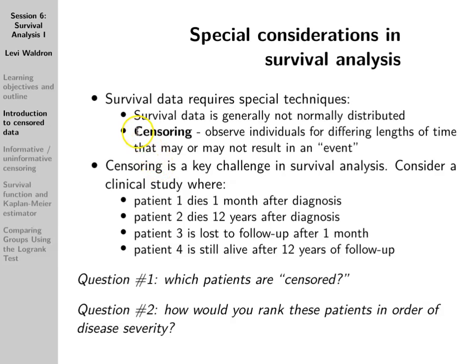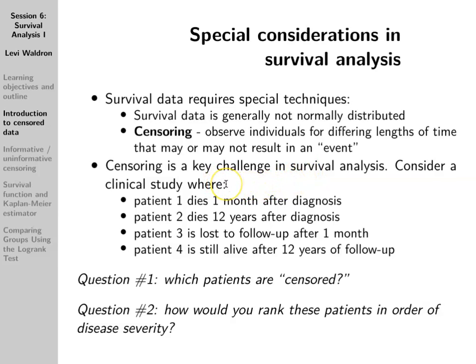And the second reason is censoring, that it is common to observe individuals for differing lengths of time. And at the end of that time, it may end because there is an event, or it may end because that person moved away, could no longer be contacted, or the end of the study was reached. So censoring is a key challenge in this kind of analysis.